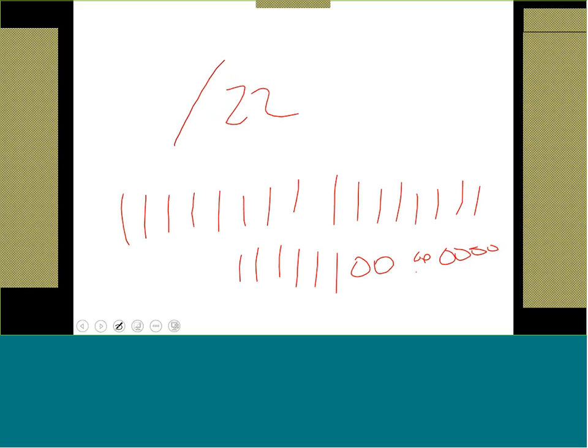So this mask is 255.255.what? 252.0. 128 plus 64 plus 32 plus 16 plus 8 plus 4 equals 252.